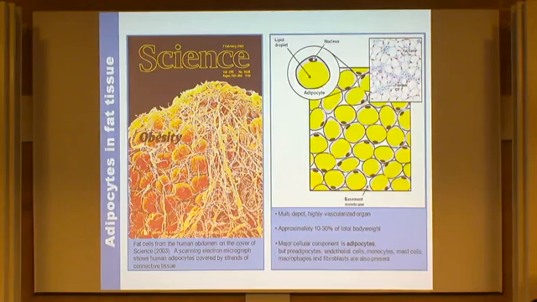So for example, if you think of other tissues like cartilage, most of the volume of the tissue is extracellular matrix. In fat, most of the volume of the tissue is the actual cells. Moreover, within the cells, most of the volume of the cell is fat, triglycerides.